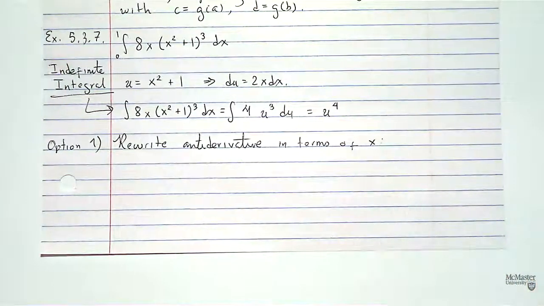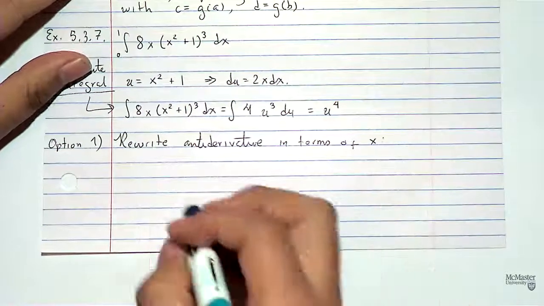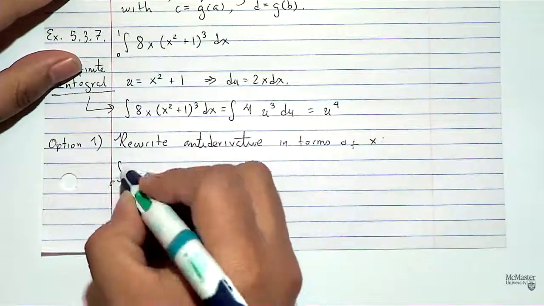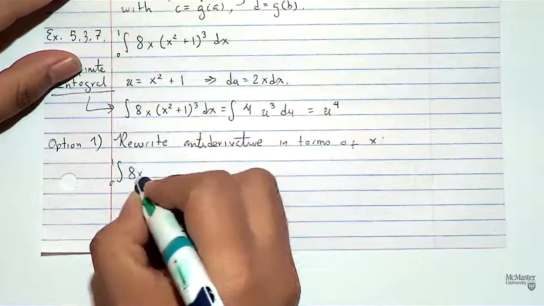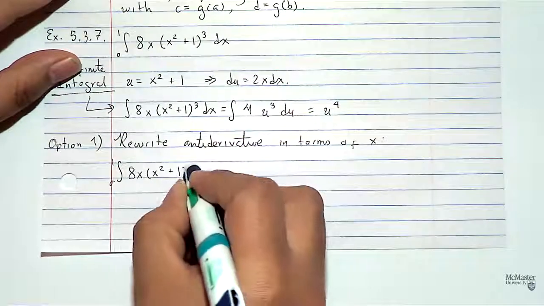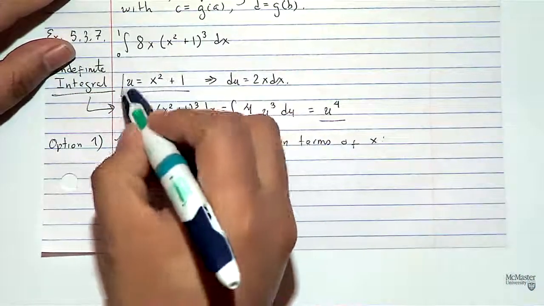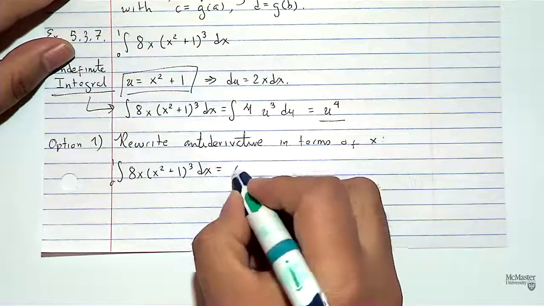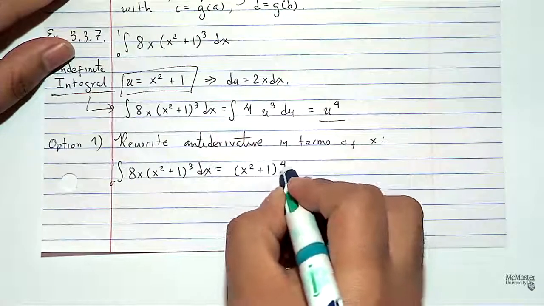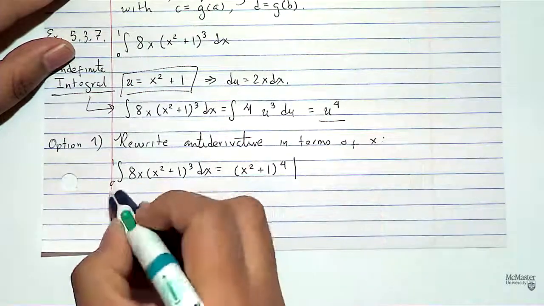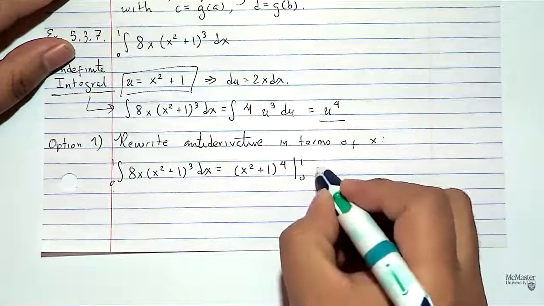Which means that basically we will do the substitution, we get the antiderivative, but we will go back to the x variables, okay? So in that case, we would have the integral from 0 to 1 of 8x times (x squared plus 1) cubed dx. Let's go back, u to the 4th. Remember that u was equal to x squared plus 1, so this is equal to (x squared plus 1) to the 4th power. And then the limits of integration for x were precisely 1 and 0, right?